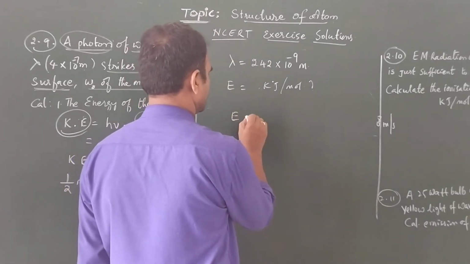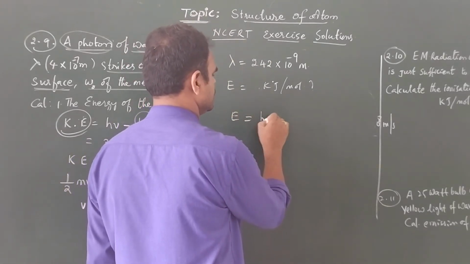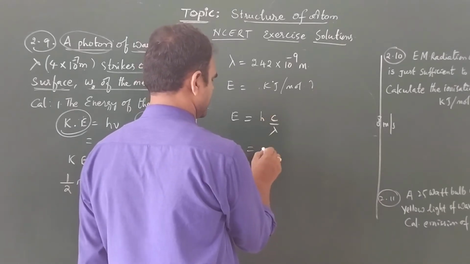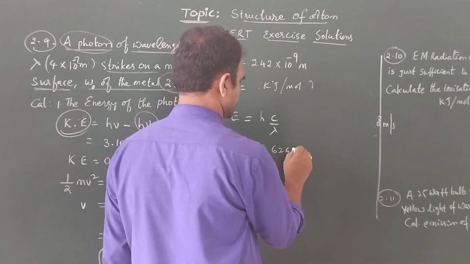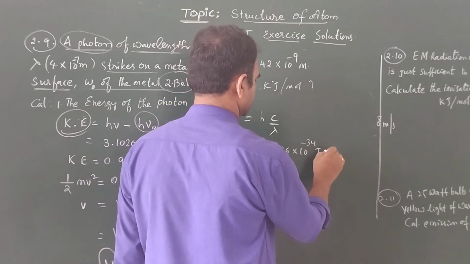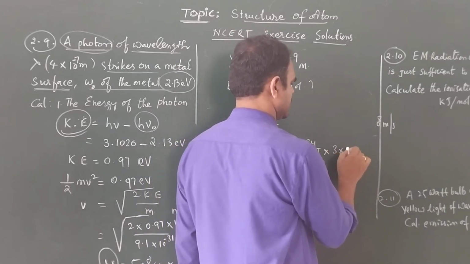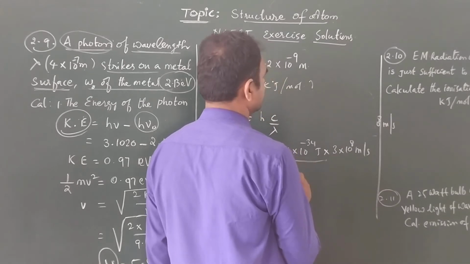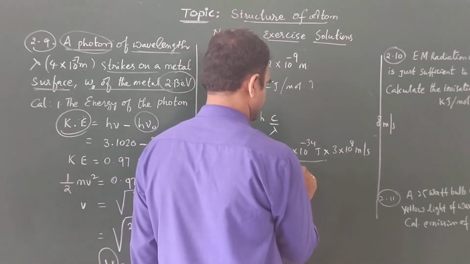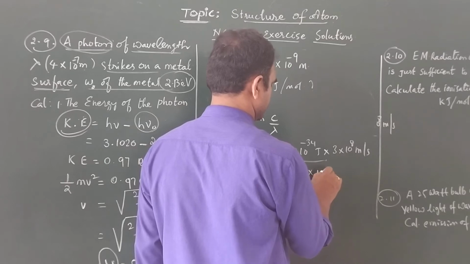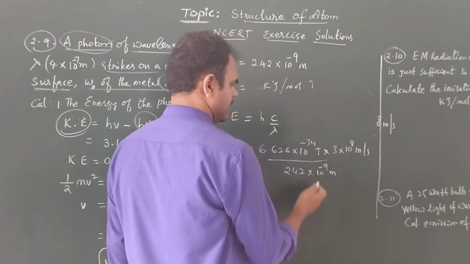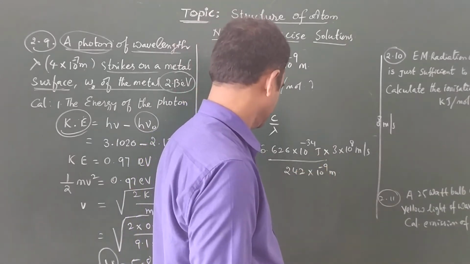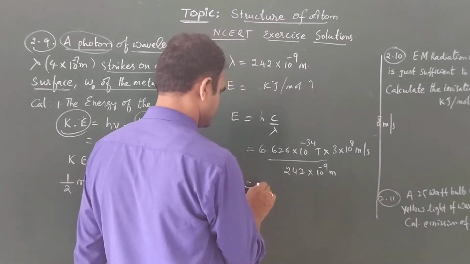So the same formula you have to use, E is equal to h c upon lambda. h is the Planck constant, 6.626 into 10 to the power of minus 34 joule seconds, and c is 3 into 10 to the power of 8 meter per second, upon the wavelength, 242 nanometers, meaning 10 to the power of minus 9 meters. Taking the 10 to the power of minus 9 meters up, it will become a positive exponent. Then if you simplify this, how much will be the answer?